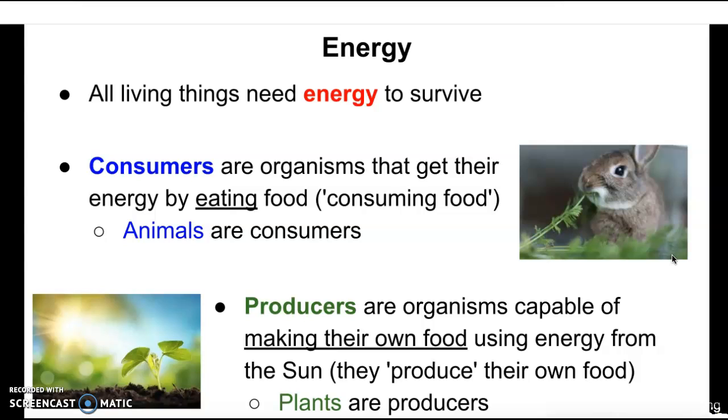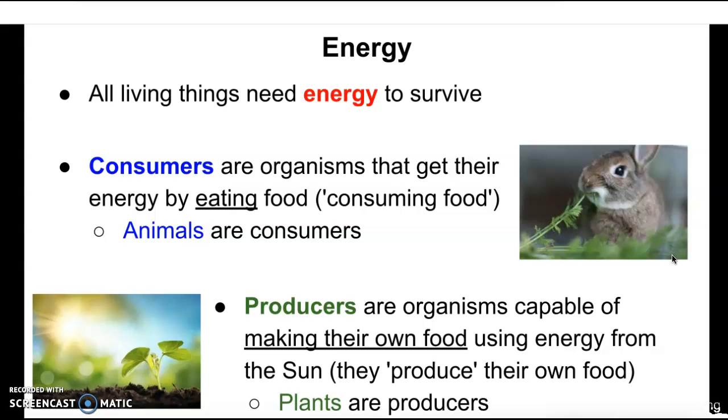You may know that plants such as trees and grass and flowers can actually capture the energy from sunlight and turn it into their own food. That food is called glucose, or sugar.